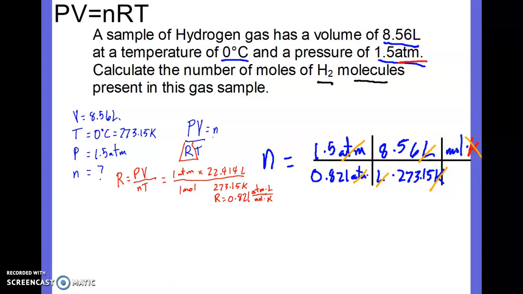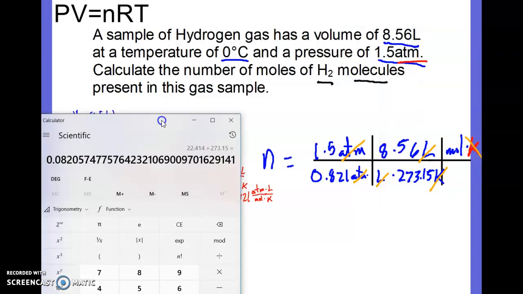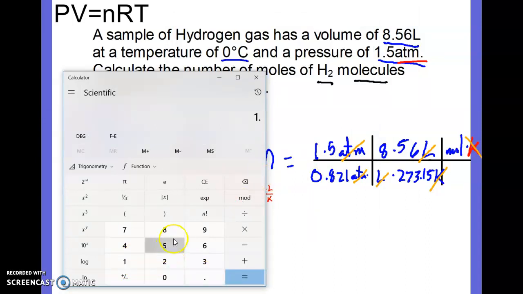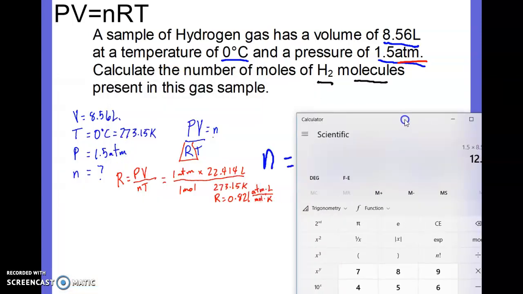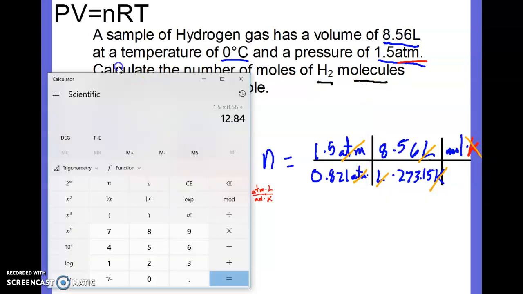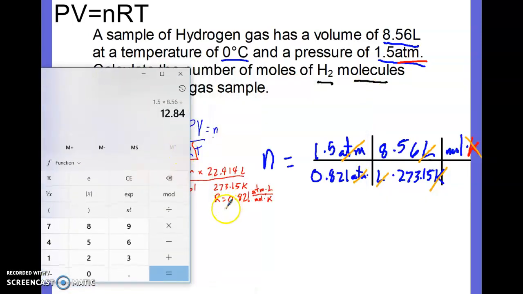Okay, so plug this into your trusty good friend here. 1.5 times 8.56 divided by 0.0821.